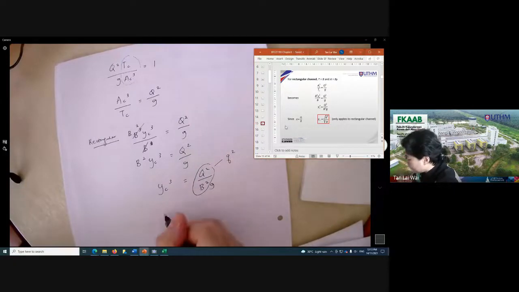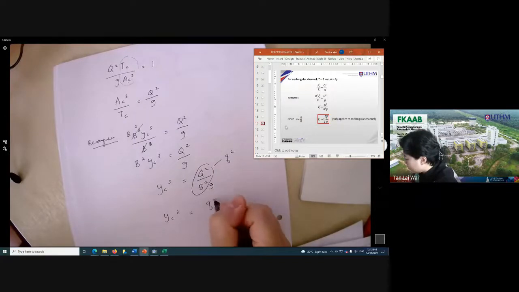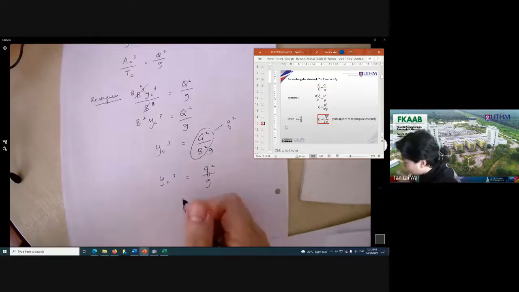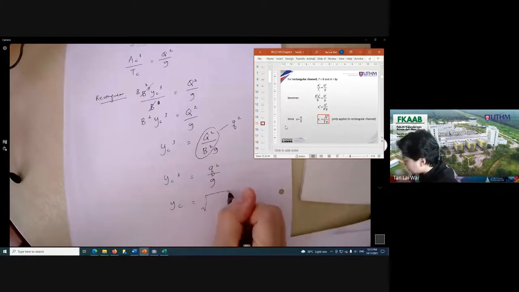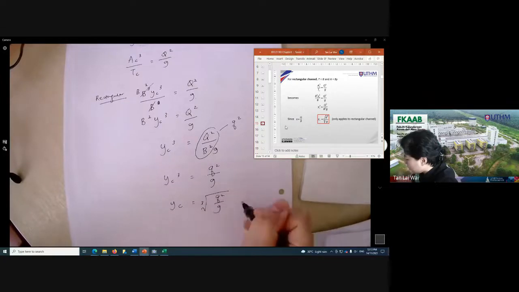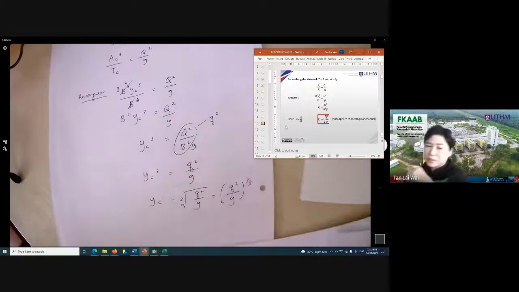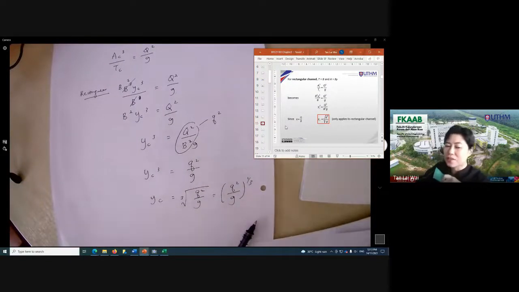So Yc cubed equals q squared over g. Normally I can write this in terms of this guy here. So for a rectangular section, you can simplify this formula here.